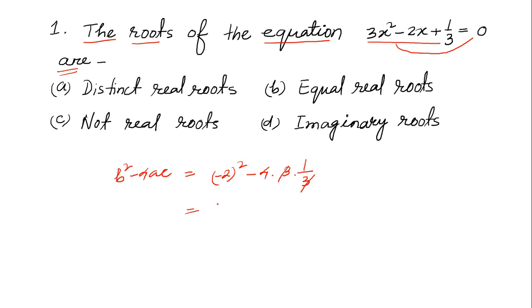Minus 2 square is 4, minus 4 is equal to 0. If b square minus 4ac is 0, then we can say that the roots of the equation will be real and equal roots. So option number b is the correct one.